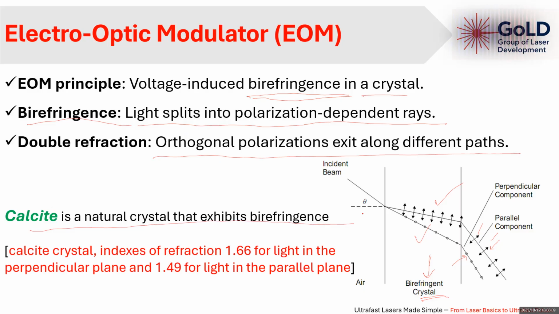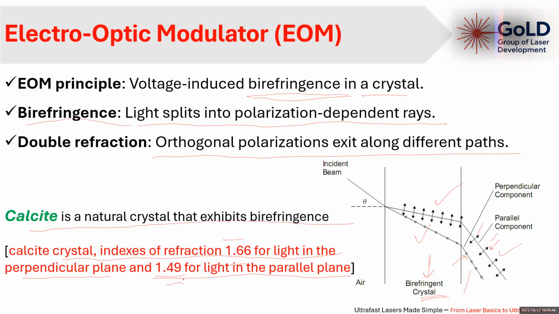When the light passes through, different polarizations take different paths. Here it's mentioned that the index of refraction is 1.66 for light in the perpendicular plane and 1.49 for light in the parallel plane. The parallel plane is this one and this is the perpendicular plane. So it's obvious that if they have a different refractive index for different polarization, they will pass through along different paths.